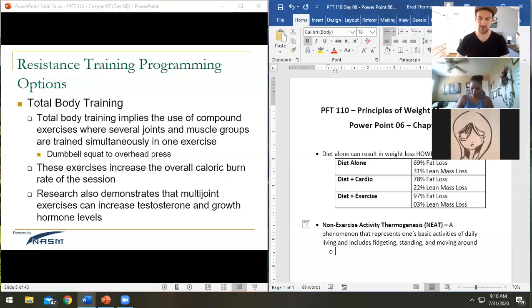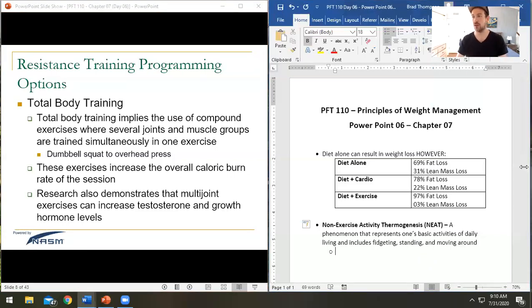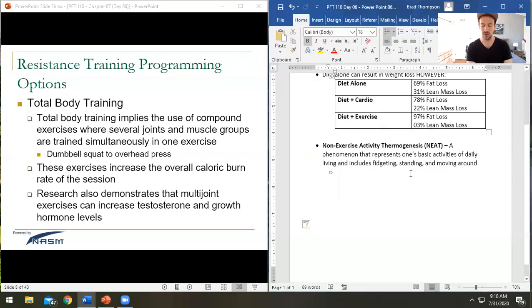And so let's put our own little definition up here just to really drive this point home. It is all the calories an individual burns throughout the day that isn't related to exercise, right?